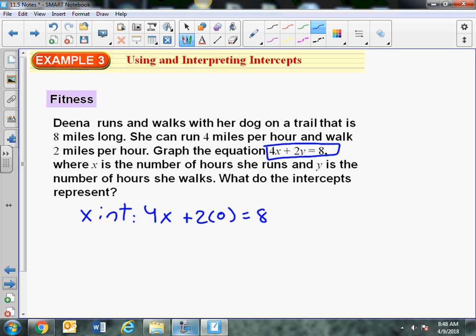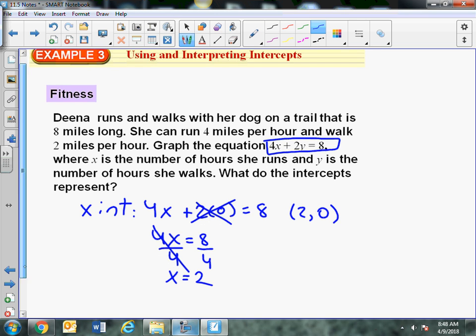If it ever has something like this where the x and y are both on one side, you can cover up the y, and then you're just left with 4x equals 8. So from there, it's 4x equals 8, and I really just have to divide by 4. So you get x equals 2, all right? So the intercept there is (2, 0).